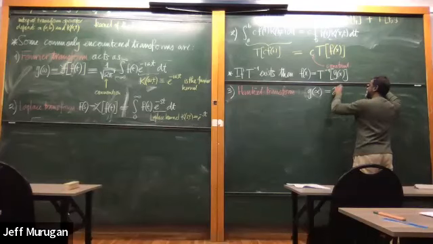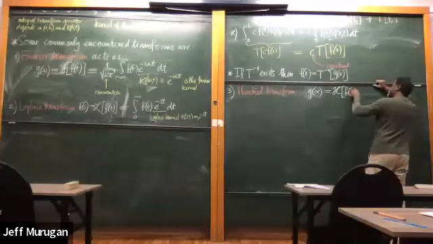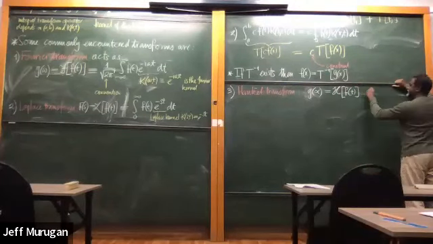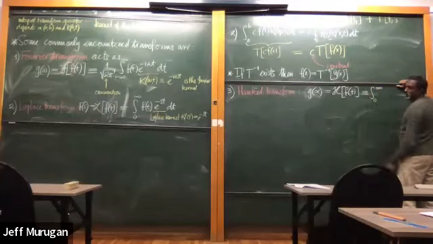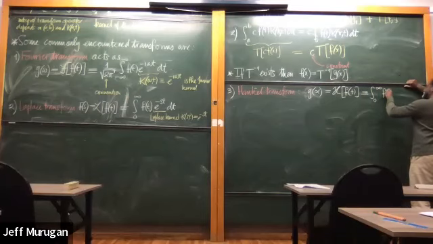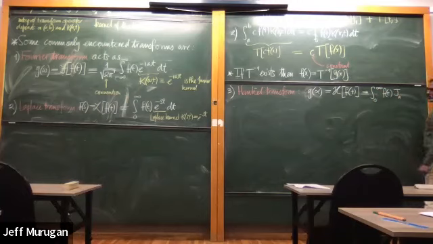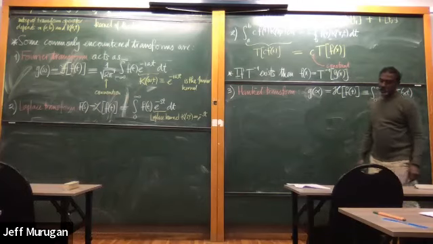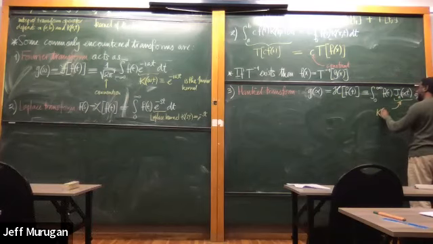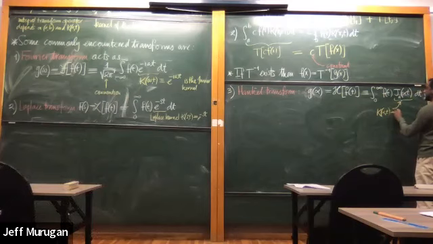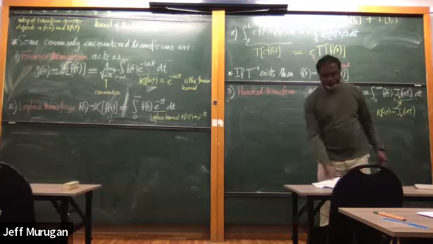G of alpha is the Hankel transform of f of t, and it is defined as an integral from 0 to infinity of f of t J n of alpha t, integrated with respect to t, where the kernel here, the Hankel kernel, k of alpha t, is J n of alpha t, where J n is the Bessel function.